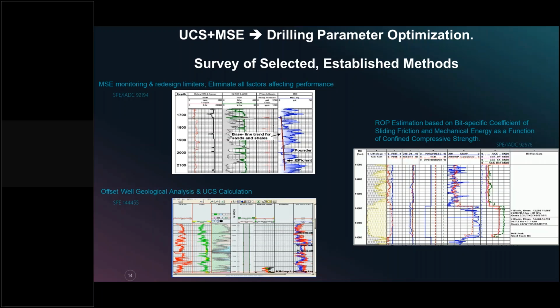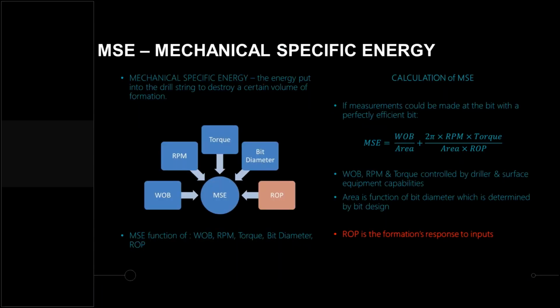What we tend to focus on at Quantico is combining compressive strength with mechanical specific energy. And again, the compressive strength is via the artificial intelligence. When you look at mechanical specific energy, there's a well-known equation of how to calculate that, and the challenge of MSE is there's little in this formula that actually reflects the rock mechanics downhole.